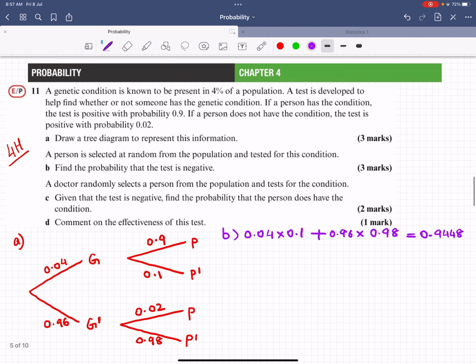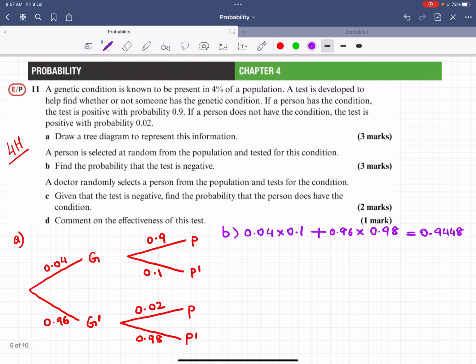So this was in general for those for whom the test was negative. Once again, for those who have the genetic condition but the test turned out to be negative, they are here. And for those who do not have the genetic condition, and for them the test turned out to be negative, they are here. So when we add the probability of this option or this option, we get the answer. That was B. Now we move on to C.